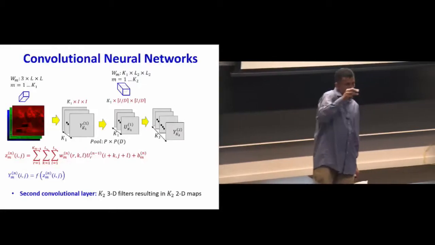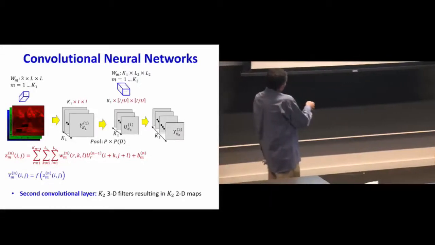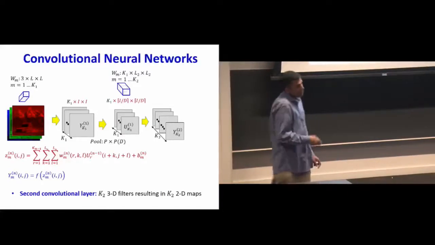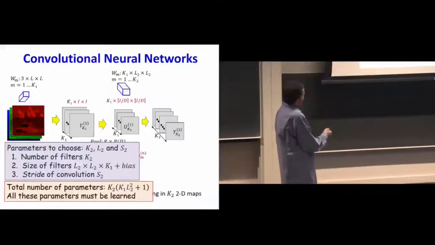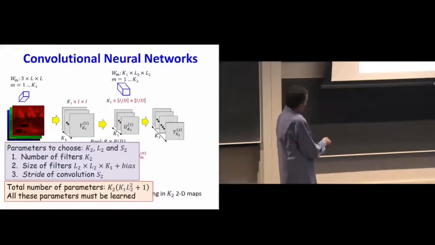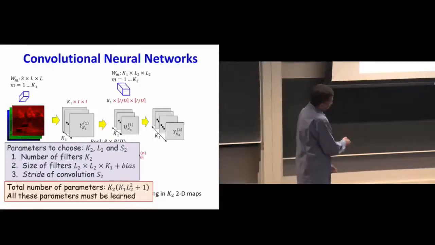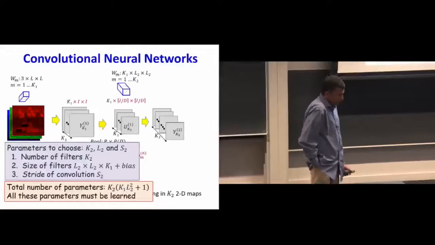So when I think of this cube, the depth is the number of filters in the first layer, because that's how many of these maps I would find. And these outputs are then subsequently also shrunk down using a max pooling layer. So over here, the number of parameters is going to be K1 L squared times K2, because K1 is the depth as opposed to 3.